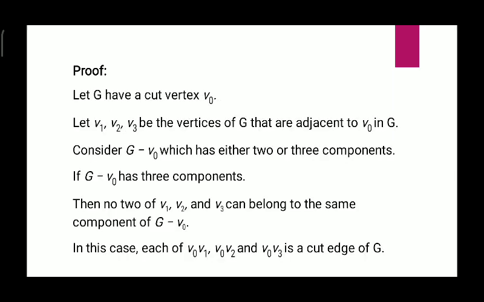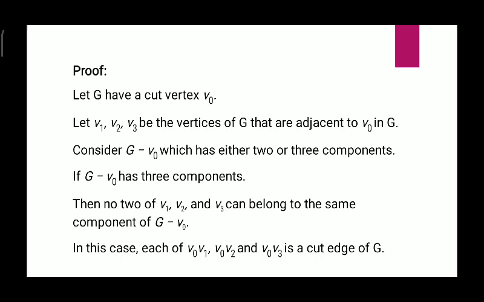Okay, see the proof now. Let G have a cut vertex V0. Let V1, V2, V3 be the vertices of G that are adjacent to V0. Because every vertex of G must have degree 3, three vertices are adjacent to V0. Consider G minus V0.